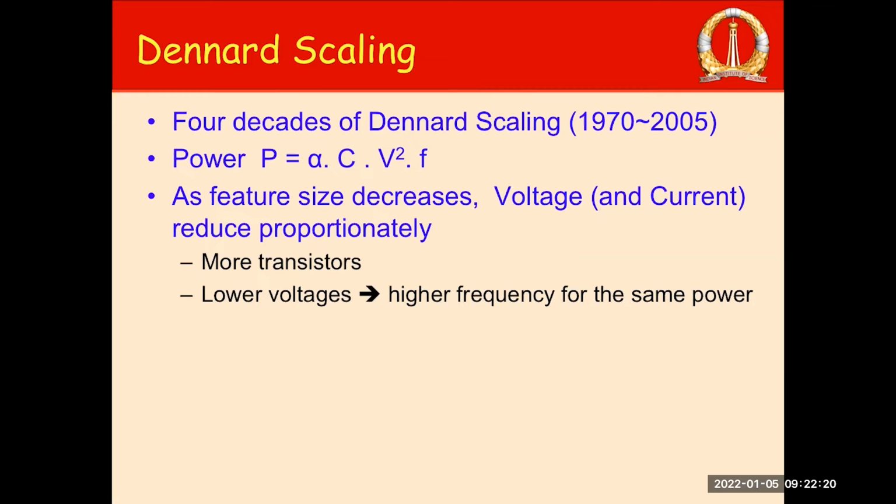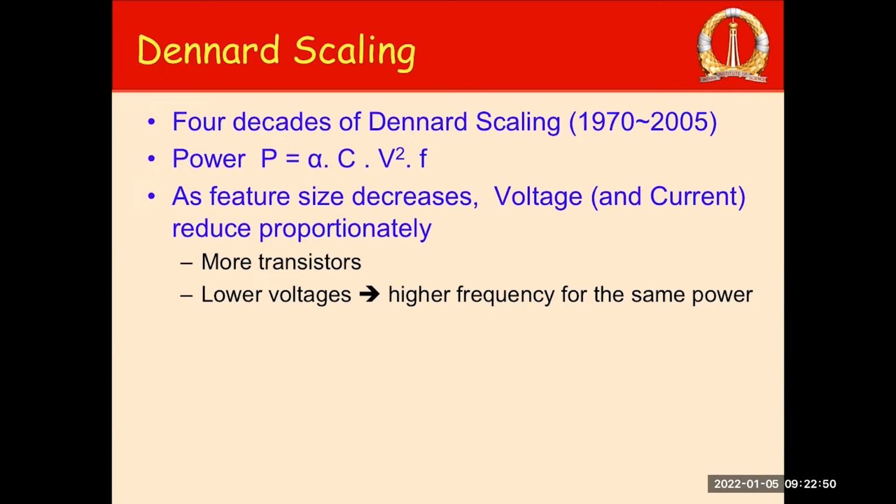Dennard scaling essentially observes that as the feature size of transistors decreases, you have more and more transistors, but their voltage and current reduce proportionately. They can also operate at a faster clock frequency, and because you can operate them at a faster clock frequency with reduced voltage and current, their power budget essentially stays the same.